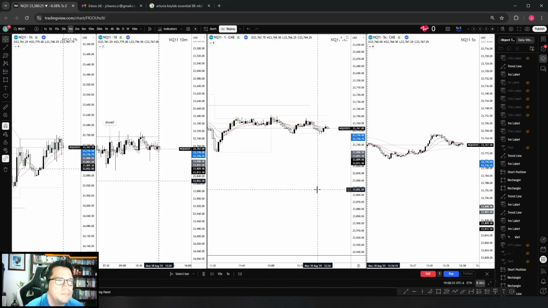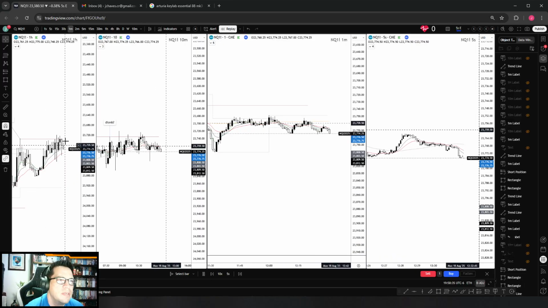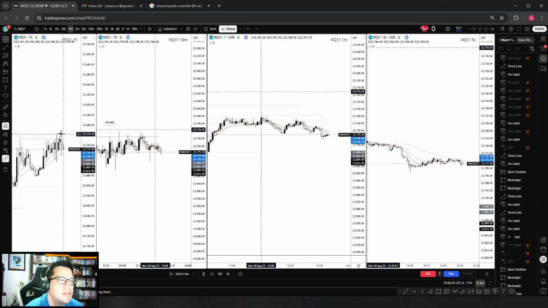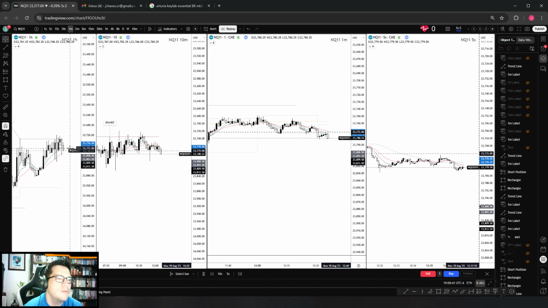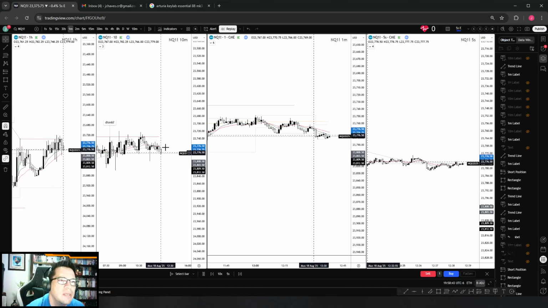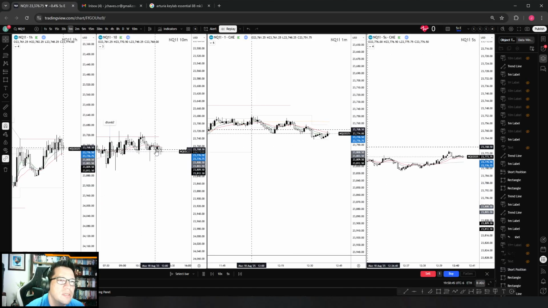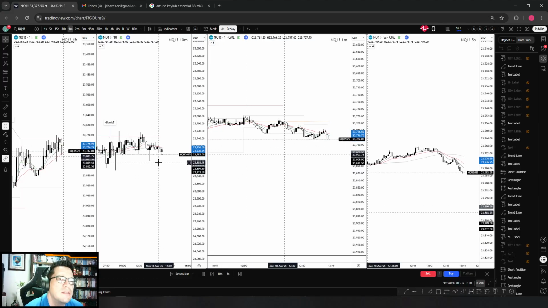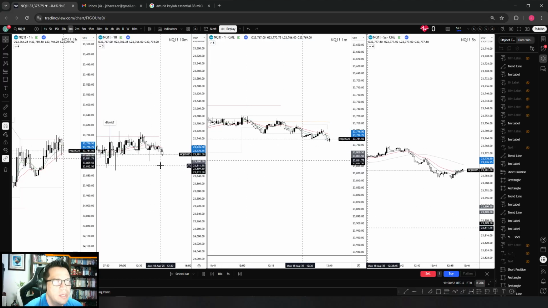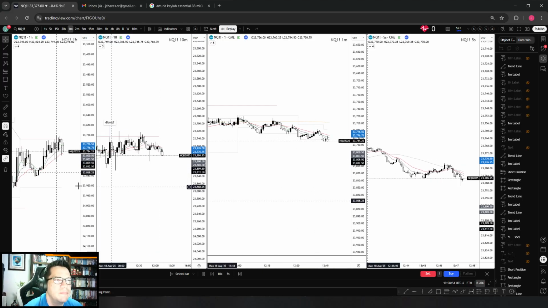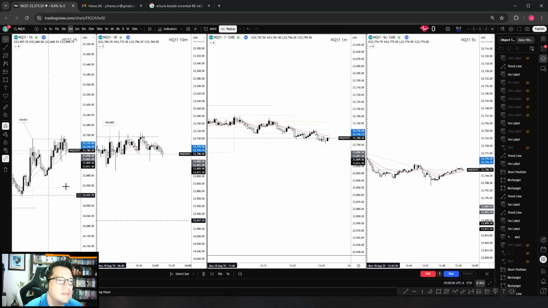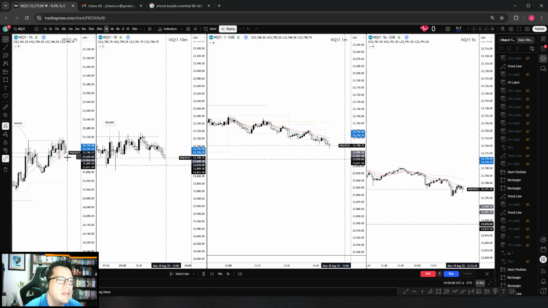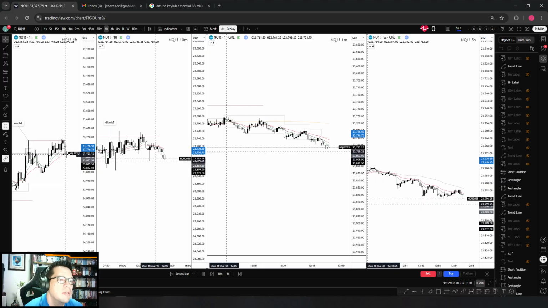So basically this, what we see here from the overnight session into the start of the session and all these weeks on the context translate into such a wiki choppy price action that has not led to any entry opportunity as of this time.